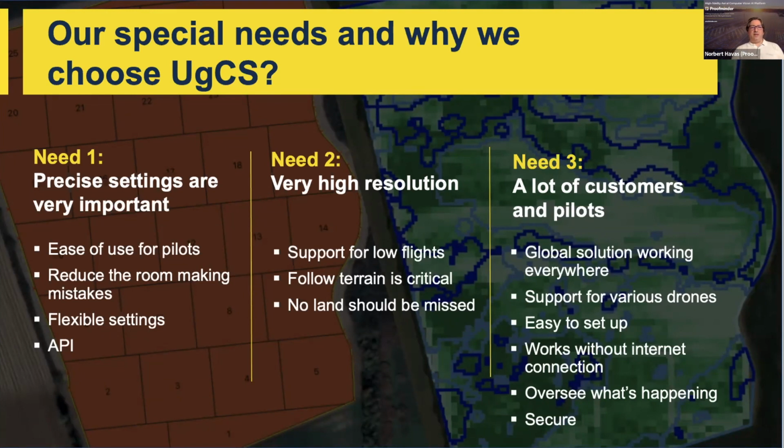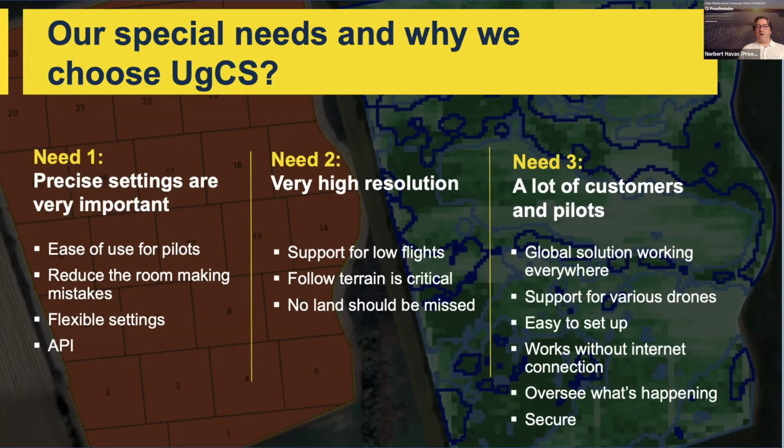The other thing is that we use very high resolution. That requires flying low. So we usually fly between 10 and 50 meters, and that has to be supported by the platform we use.